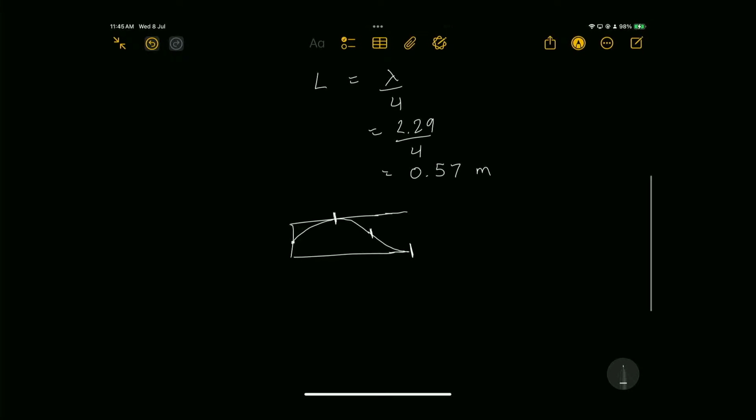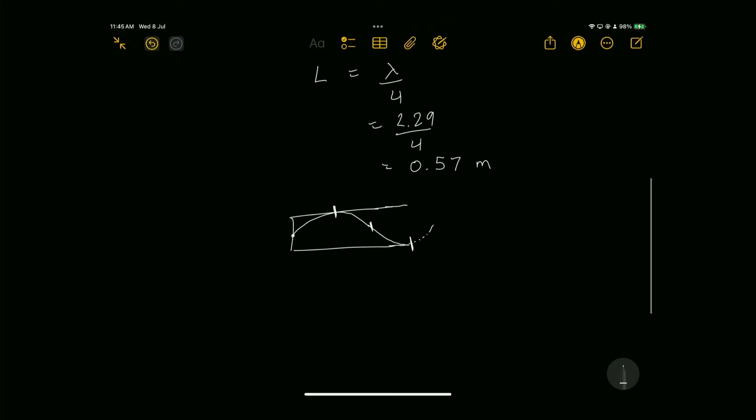This is 3/4 wavelength. If we extend it by 1/4 of our wavelength, we'll have the full wavelength. Right? So now the wavelength of the second harmonic is 1/3 of the wavelength of the first harmonic.